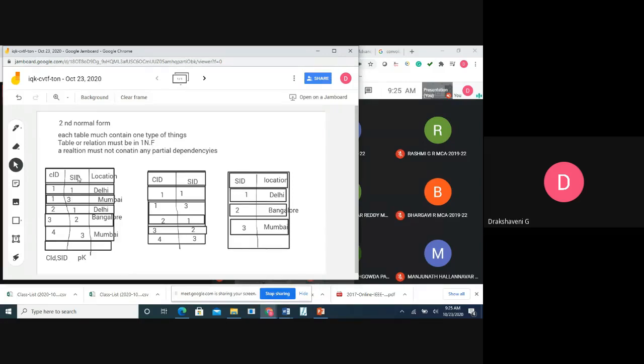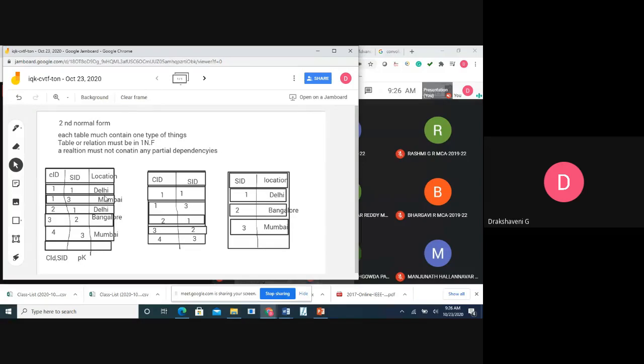So now what we are doing is we are seeing about a second normal form. In the second normal form, suppose if I write like this, that is customer ID, store ID is there, location is there. So then what we do, we try to break this table, that is customer ID and store ID. And we break the same table into customer ID and location.